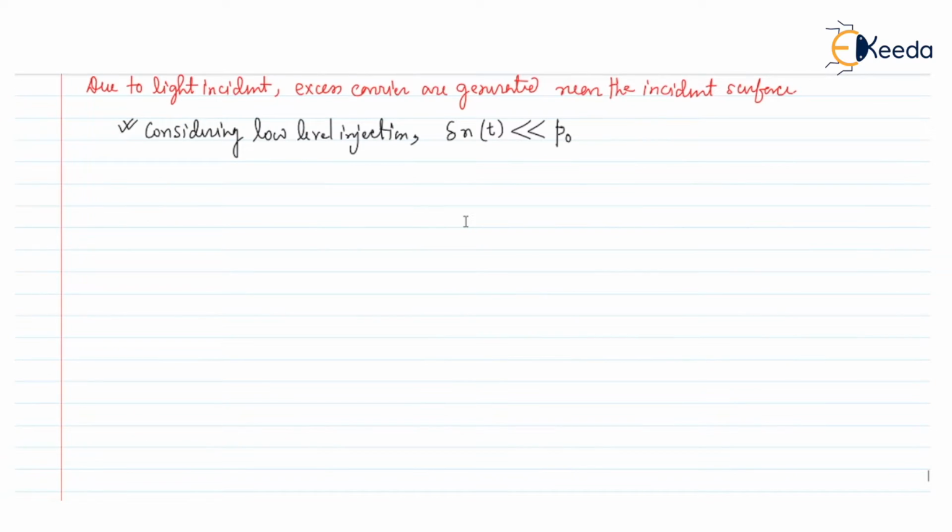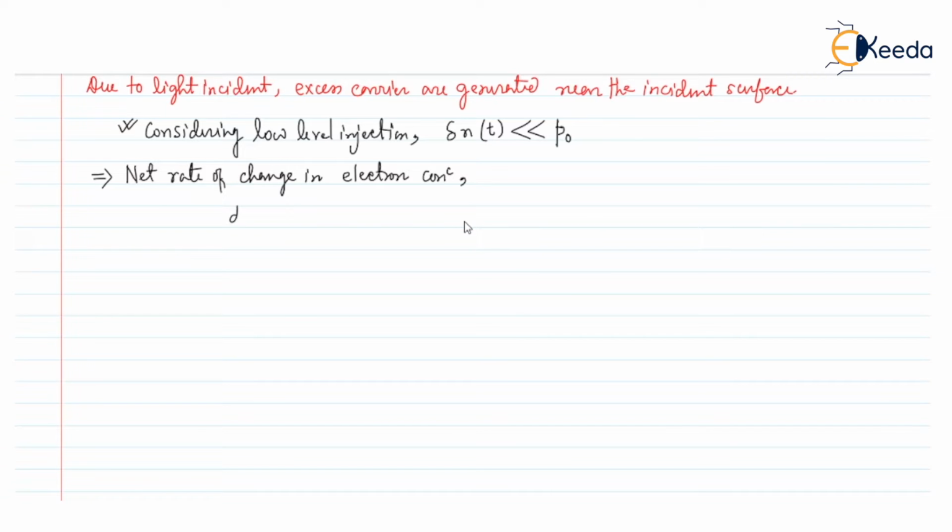Now we can say that the net rate of change in electron concentration, because electron is the minority carrier in the p-type, and after incidenting the light, the minority carrier will change while the majority carrier will not change.